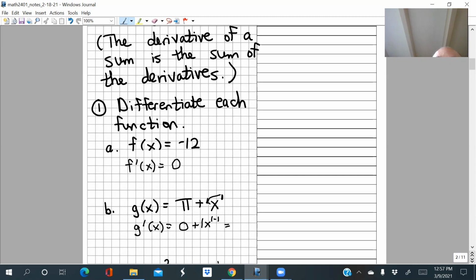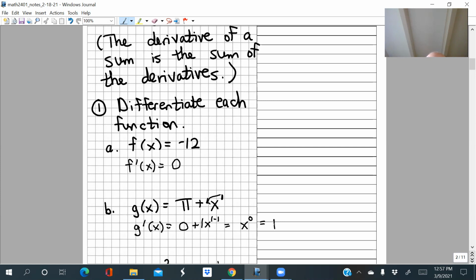I don't have to write this 1 in front. So what I really have here is x to the 0th power. But what's x to the 0th power? What's any quantity to the 0th power other than 0? 1. So that's cool. The derivative here just turns out to be 1.